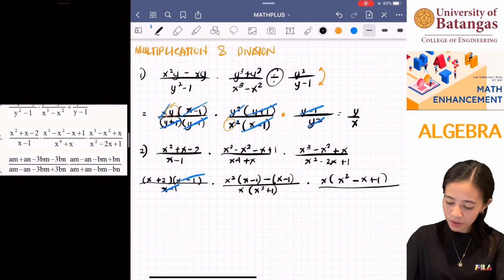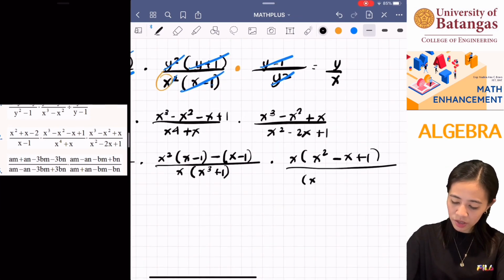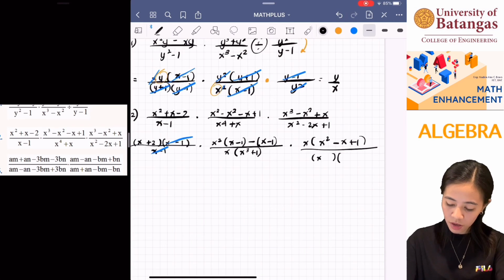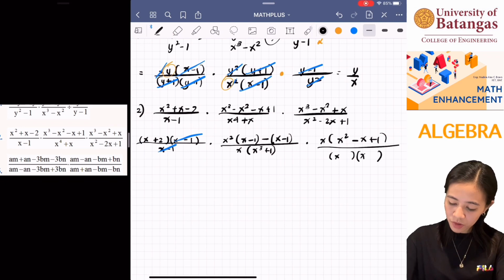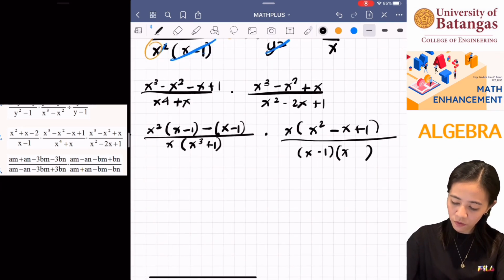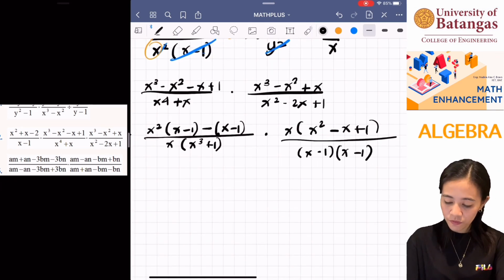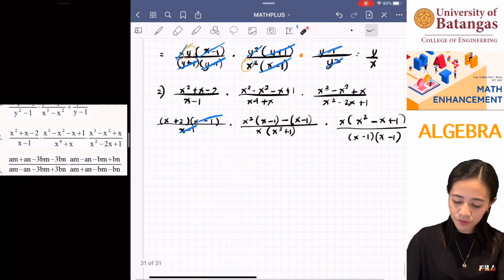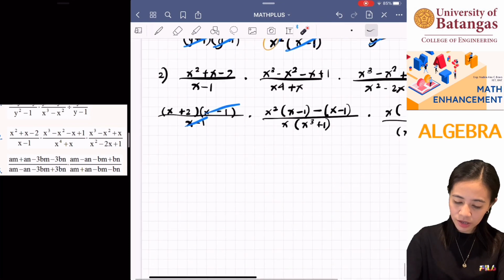All over. You have here x and x. That's negative 1, para negative 2 ang sum. Okay, and then we can still further factor this bago tayo mag-cancel.